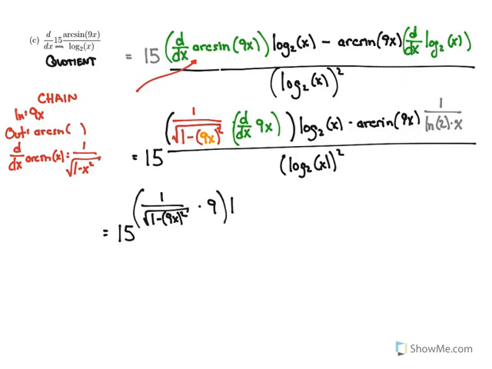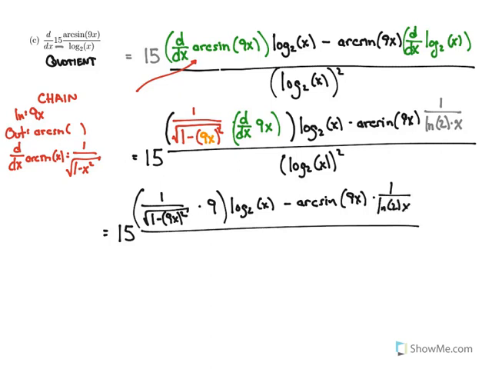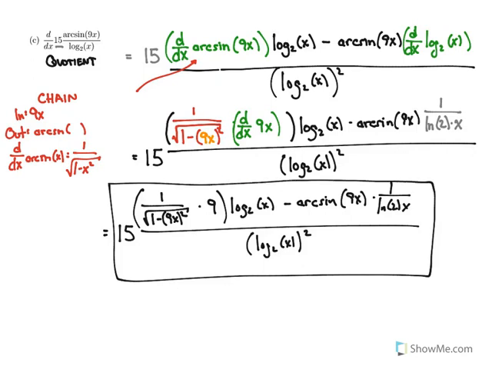All of that times log base 2 of x minus arc sine of 9x times 1 over natural log of 2x, all over log base 2 of x squared. And there's obviously some simplification we could do there, but we're not going to do the simplification on these really difficult problems unless we need to.